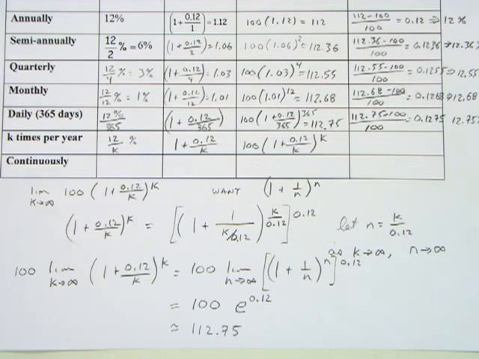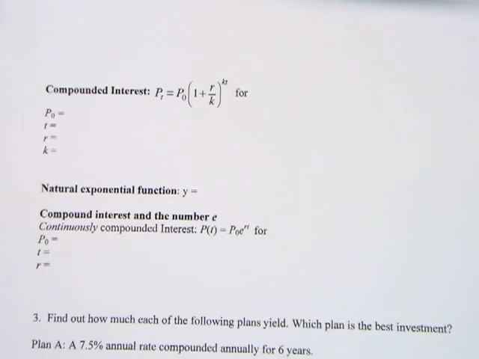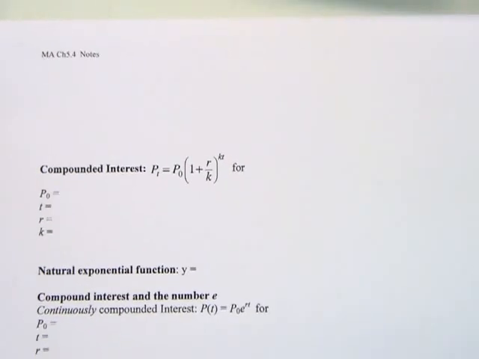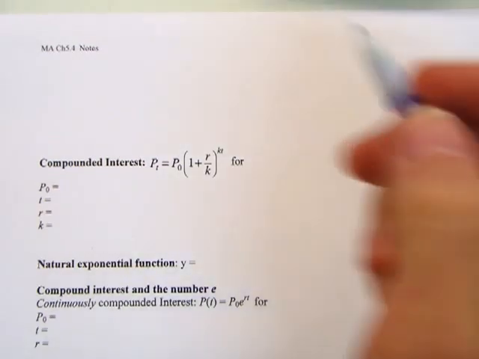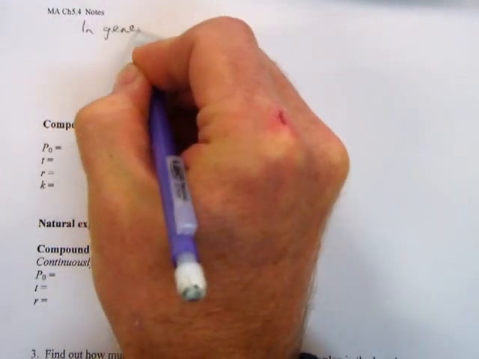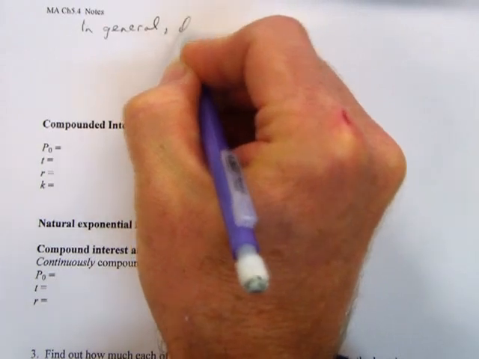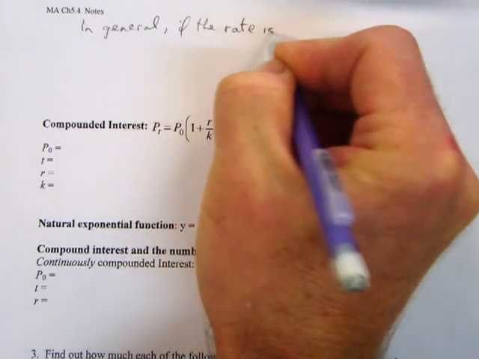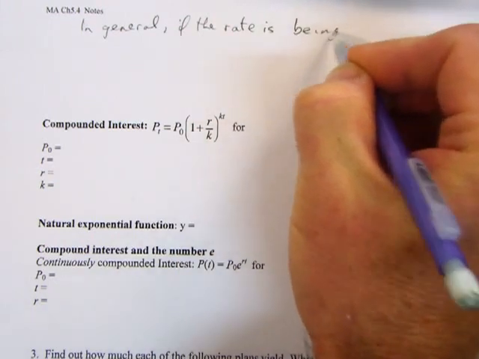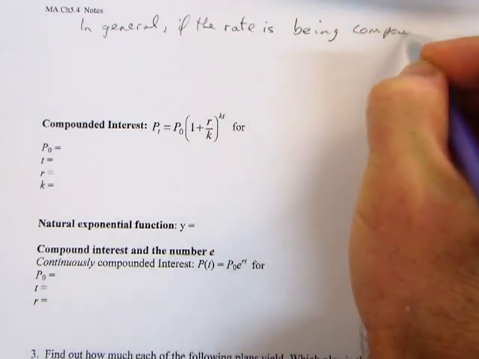All right, let's take a look at the next page. So let's summarize what is going on. I can look at that part right there that we just did. In general, if the rate is being compounded continuously.